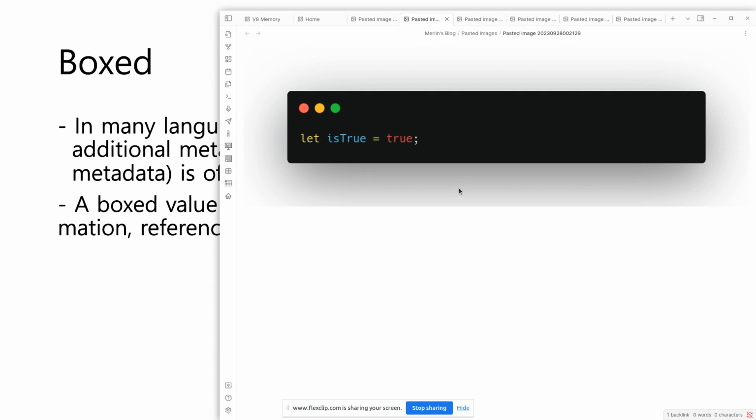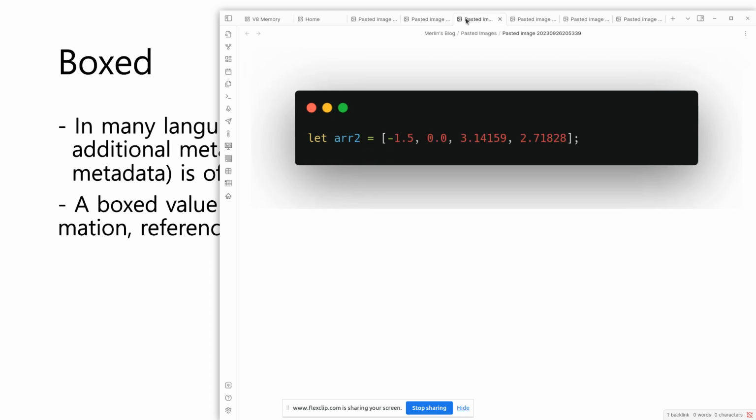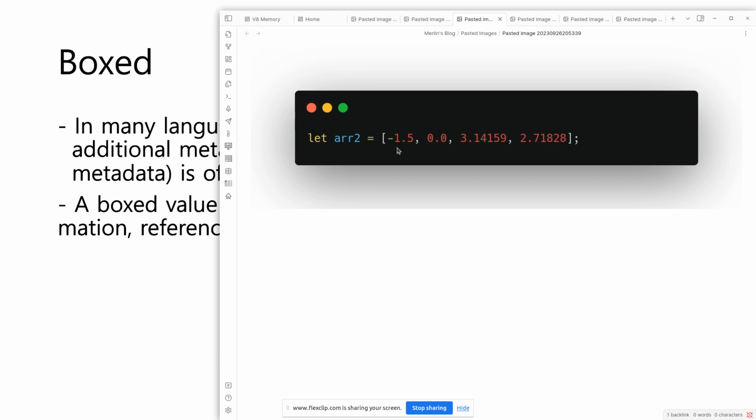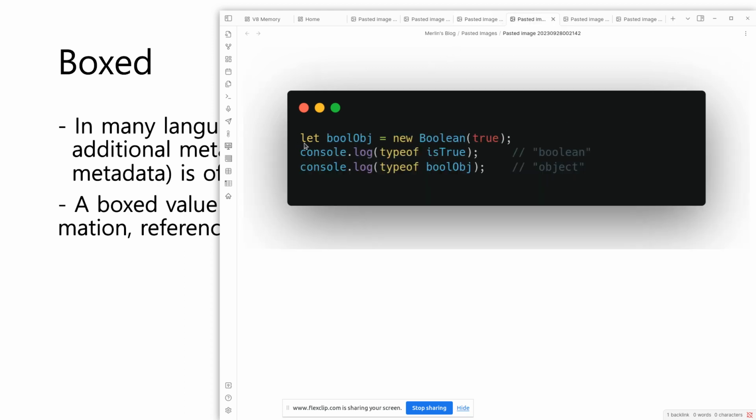Next question. Try to guess this. Is this boxed or unboxed? Yes, this is unboxed. It is pure, there's no metadata. How about this? Is it boxed or unboxed? It is also unboxed, because there's no metadata and it's pure. So it's a double, and this element is also a double, and this element is also a double, so all of the elements are doubles. Guess this.